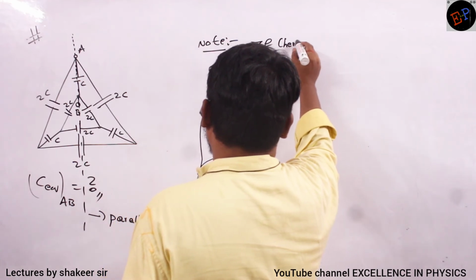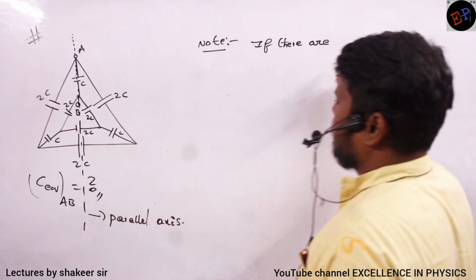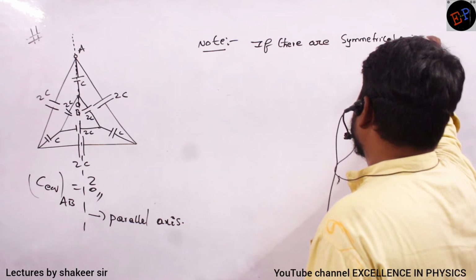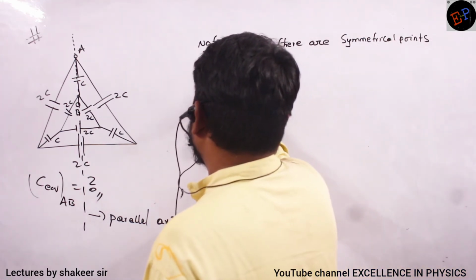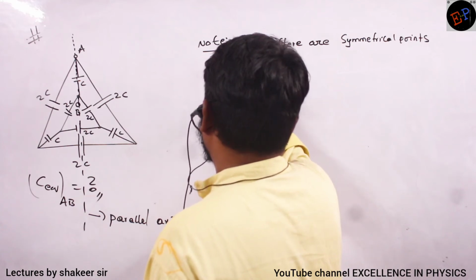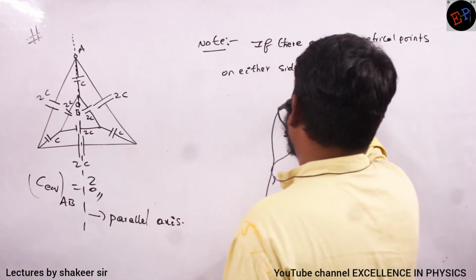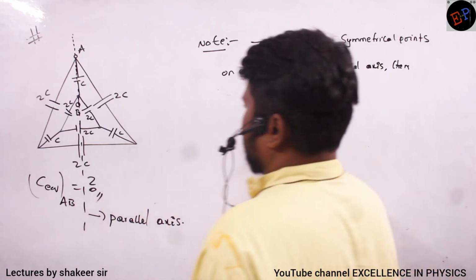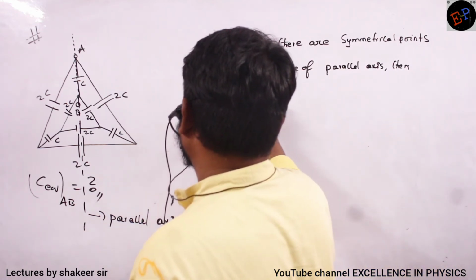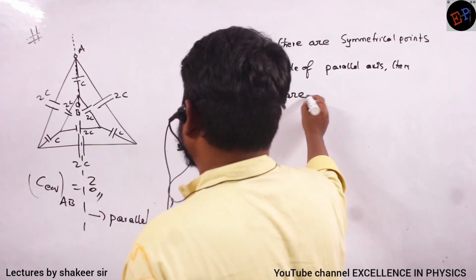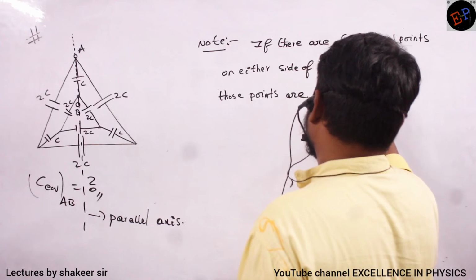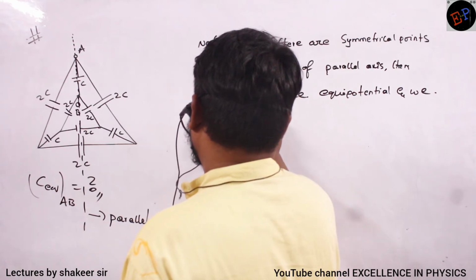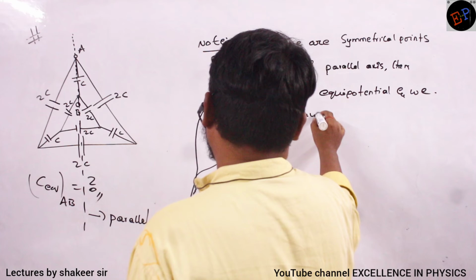If there are symmetrical points, okay, ma, on either side of the parallel axis, then those points are equipotential, and we can remove capacitors between them.